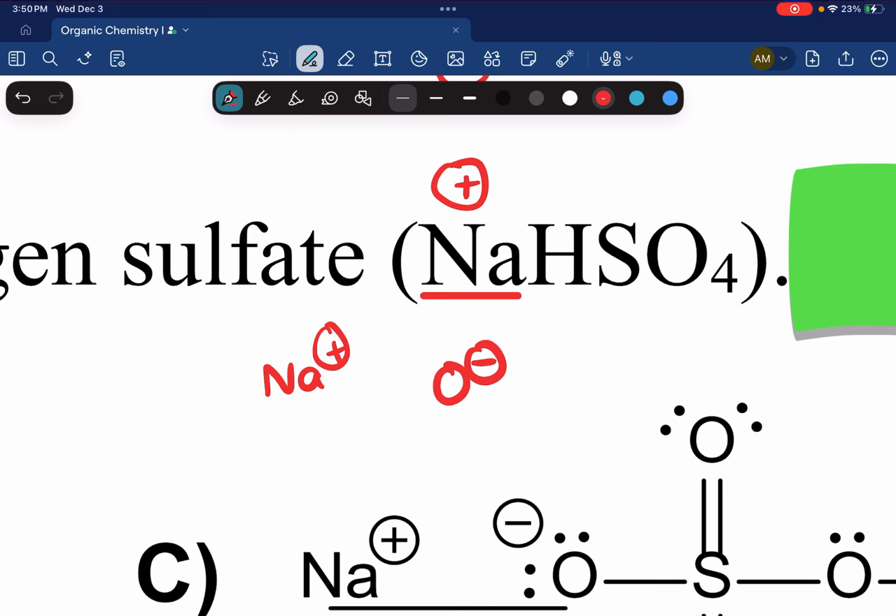You're not going to ever see an actual line. It doesn't exist. So anything that has an actual bond line, you can go ahead and eliminate. Okay, cool. So that leaves us with this and this one.